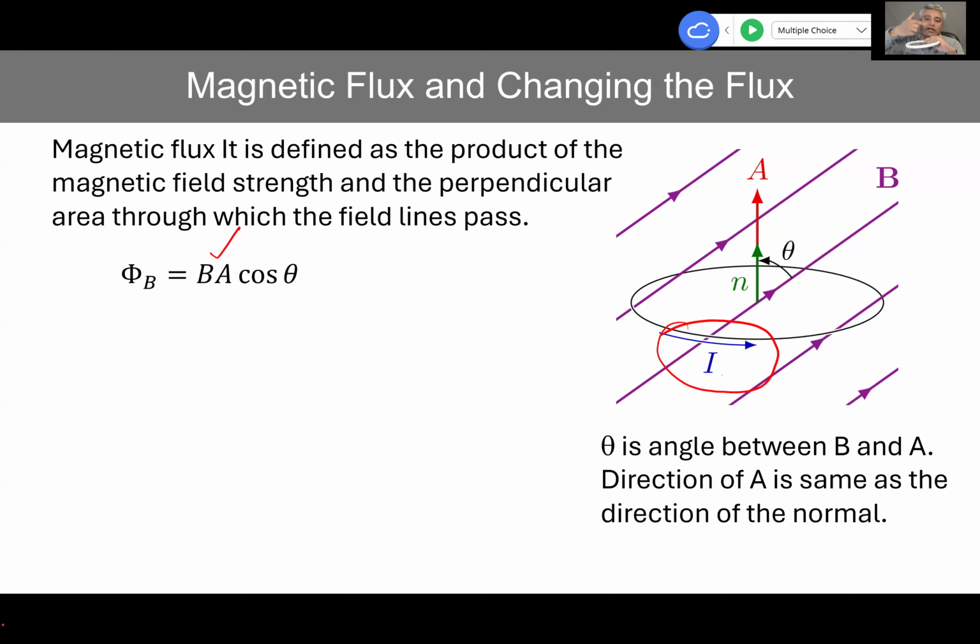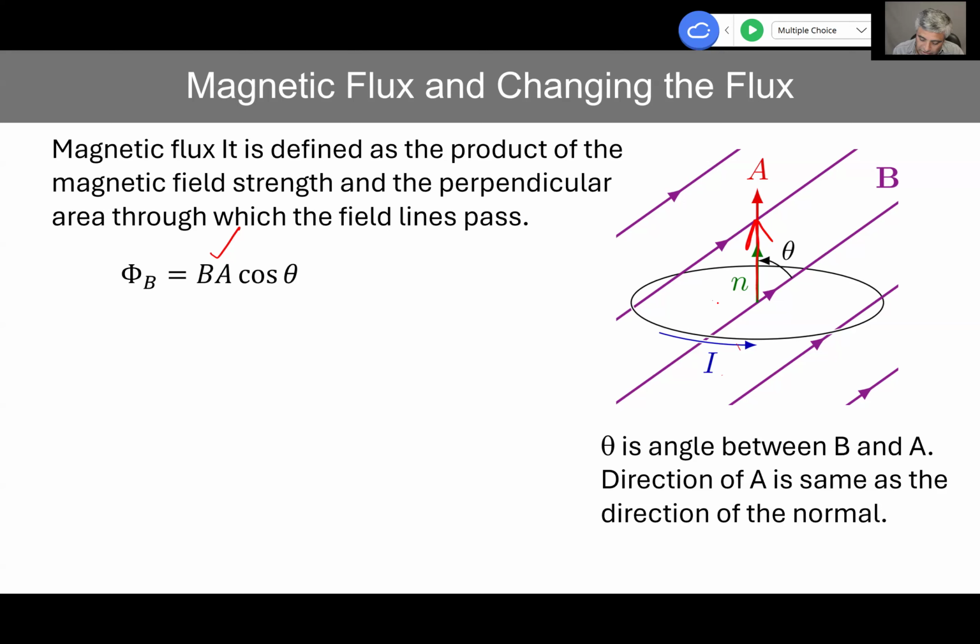If the current is going all the way around, then you need to do this, and now you see it's pointing down. So the N or the normal you see here is the direction of the area. Whether it's pointing up or down is going to depend on which way current is circulating. Right now it's circulating something like this.